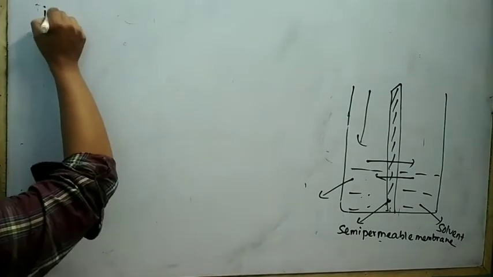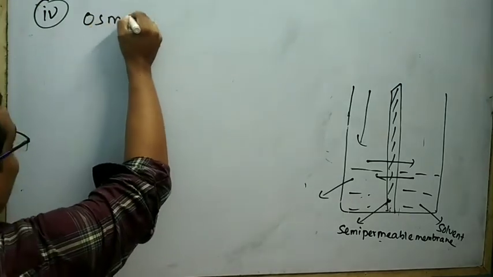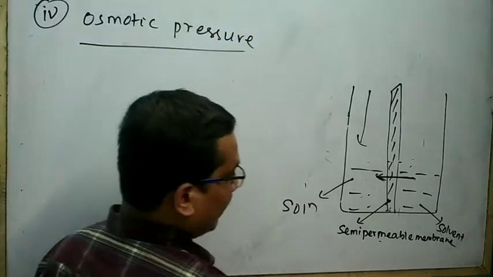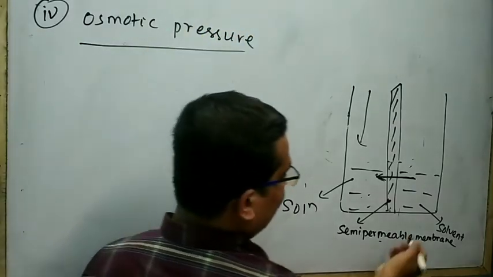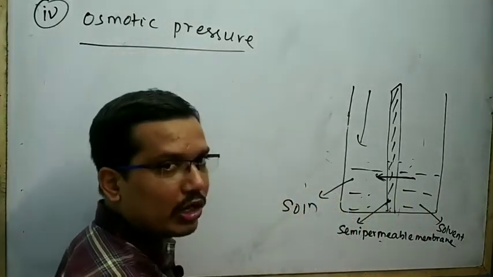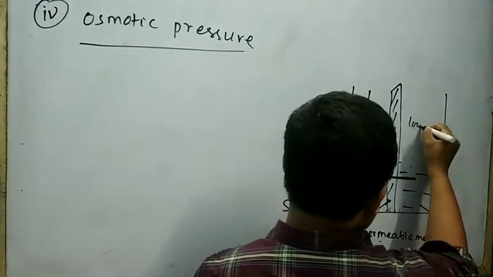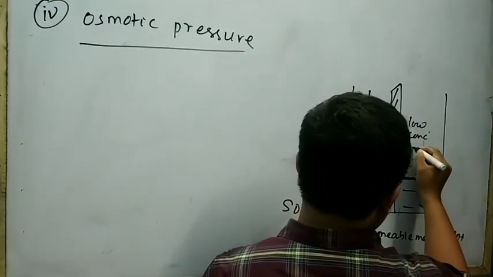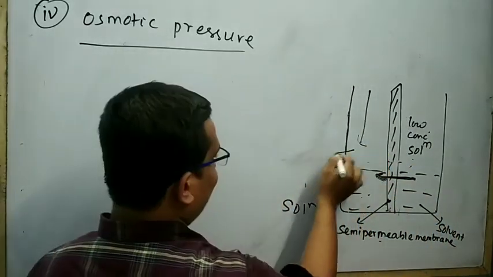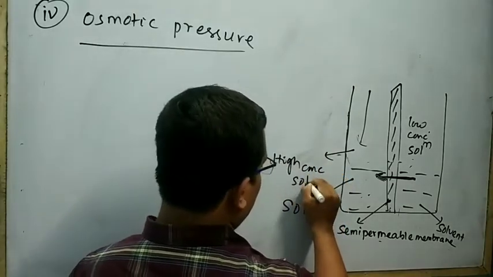Next I will explain the fourth colligative property, that is osmotic pressure. In osmosis, generally the solvent molecules flow from the solvent side to the solution side. Suppose I take a low concentrated solution on this side, and on this side a high concentrated solution.